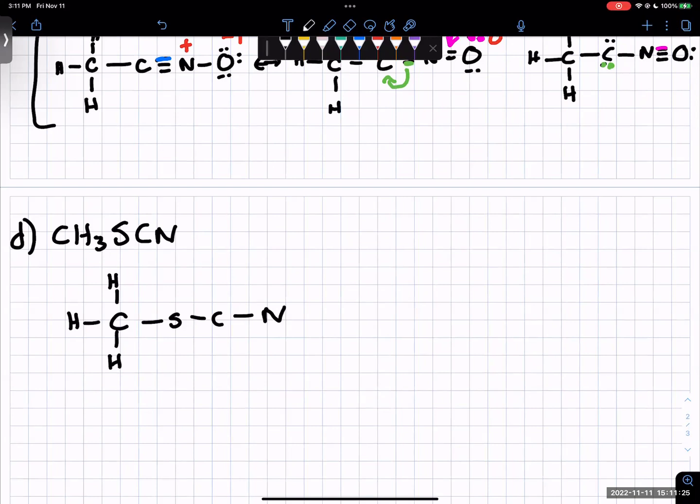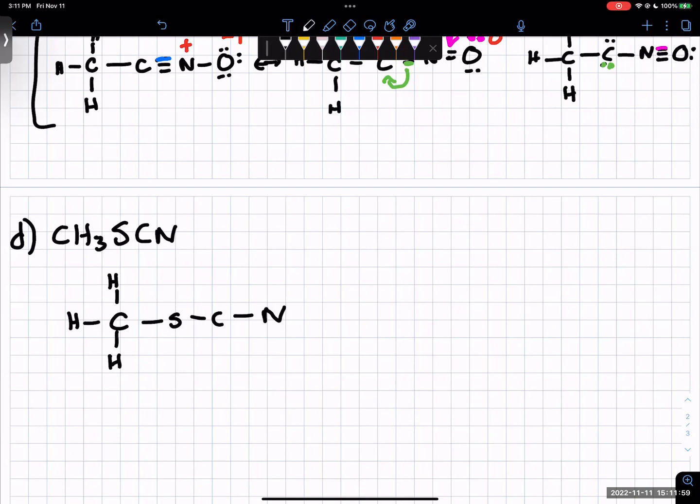Isn't the least electronegative one the center one? Wait, Rich, can you look at this? That's what Alex was saying: when you were drawing the structure, put the least electronegative atom in the center. What is the electronegativity of sulfur? Because right now I know that nitrogen's at the end and it's the most electronegative. Sulfur, yeah, okay, so 2.6. What about carbon? Isn't that like 2.4?